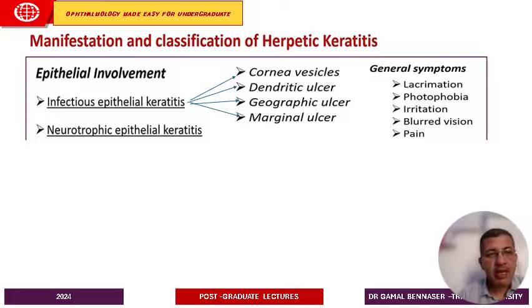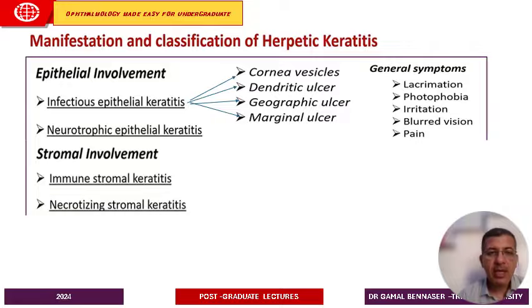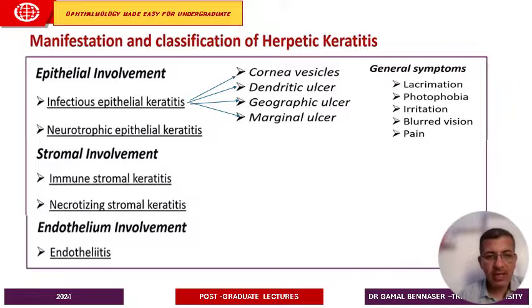The non-infective epithelial involvement is neurotrophic keratitis; it is epithelial involvement, but it is not due to active replication of the virus itself. The other is stromal involvement, which can be immunological, where there is no active replication, or it could be necrotizing due to active multiplication and replication of the virus itself, or endotheliitis. This is the general scheme that we will follow in this lecture.